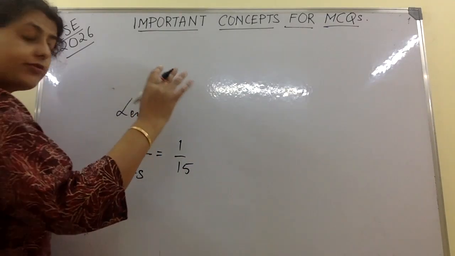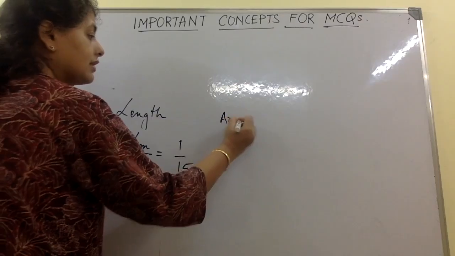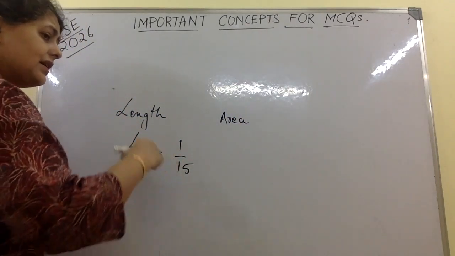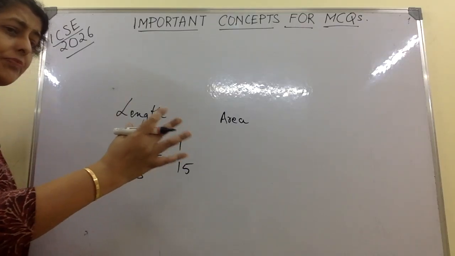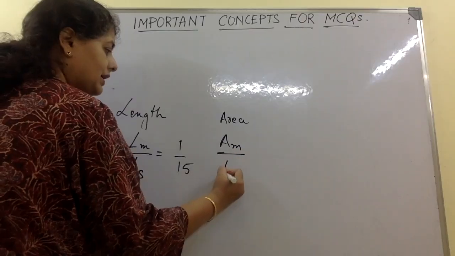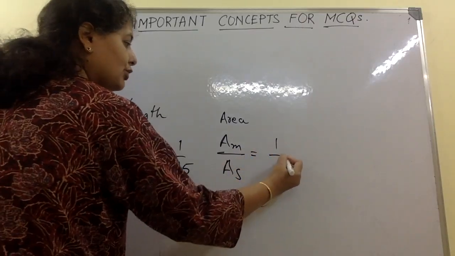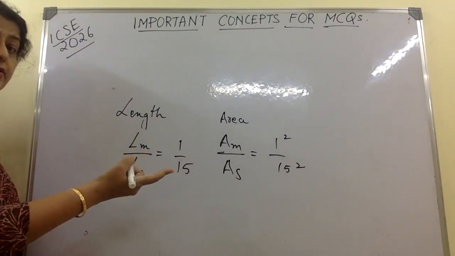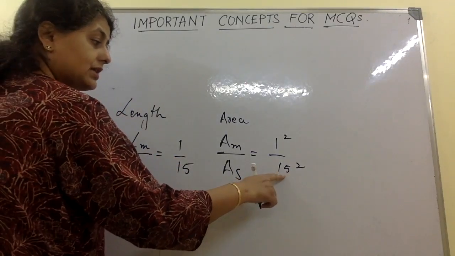Same sum, if you are using it for area, there is a lot of formula, they call it K, then they give you 3 different formulae. It is a very simple concept. If area of model by area of ship is given, then you have to write 1 square by 15 square clearly. So this is area of ship, it gets the bigger number.